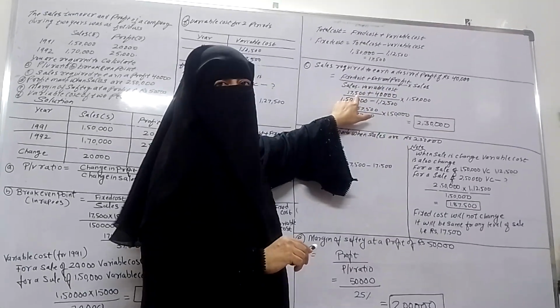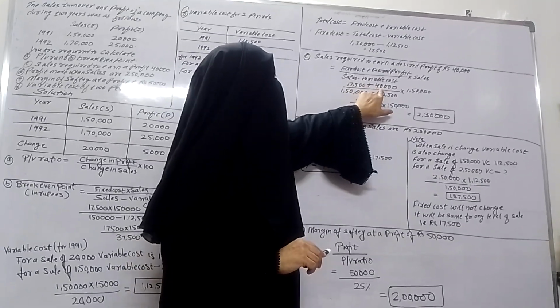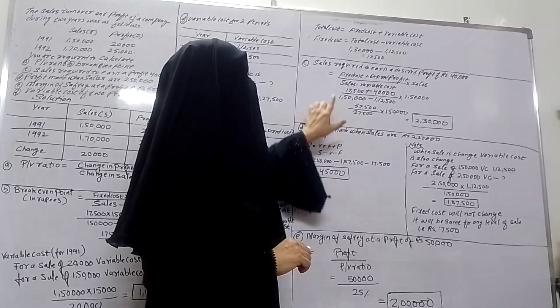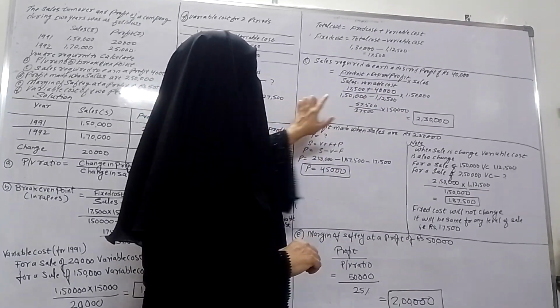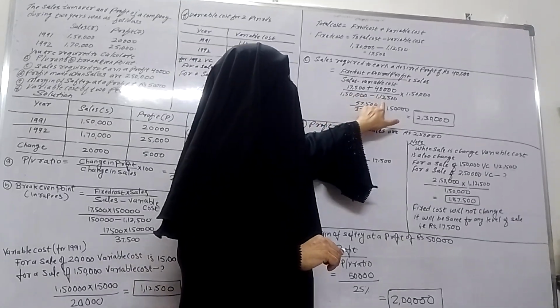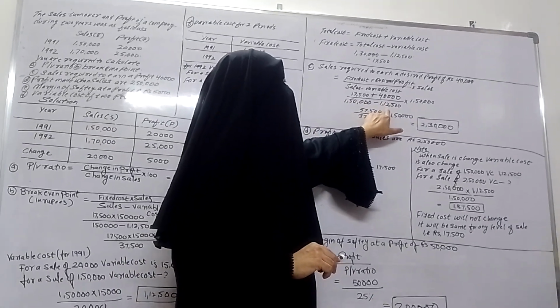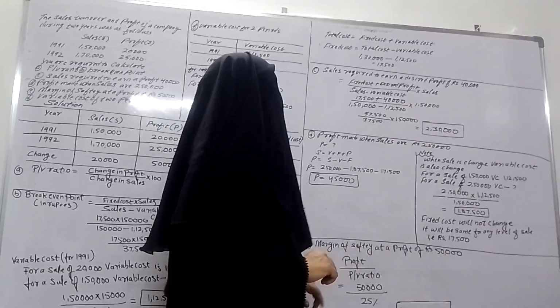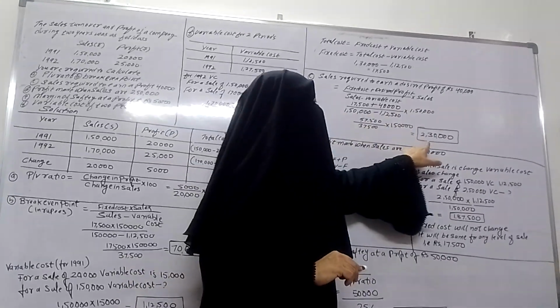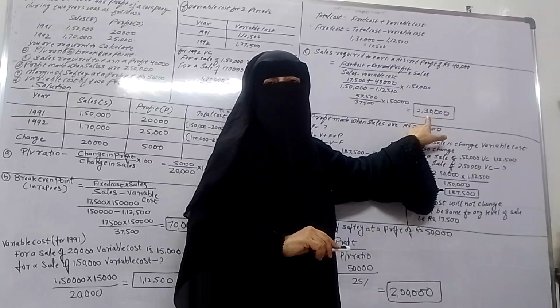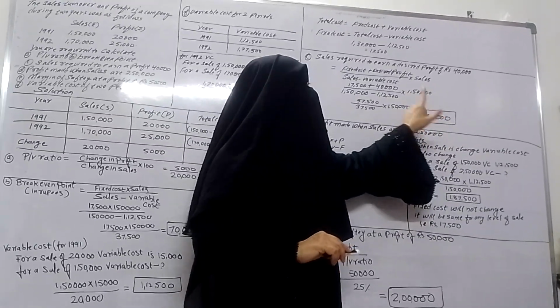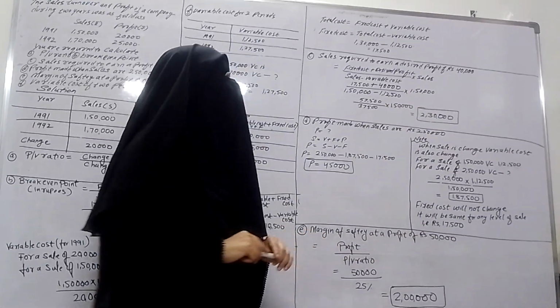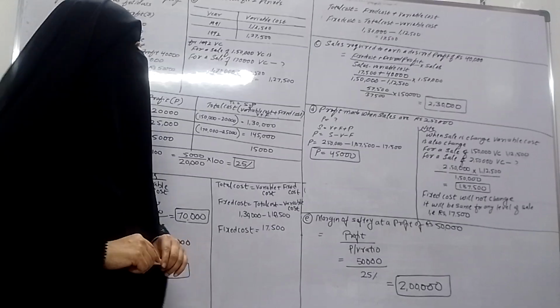Fixed cost is 17,500, which we just found, and desired profit is 40,000. Sales of 1991 is 1,50,000 minus variable cost of 1991, 1,12,500, into sales 1,50,000. We get the answer 2,30,000. Sales required to earn a desired profit of 40,000 is 2,30,000.